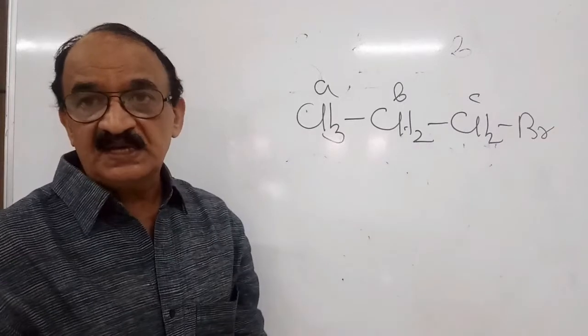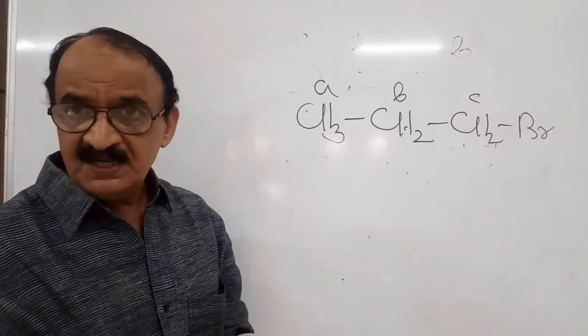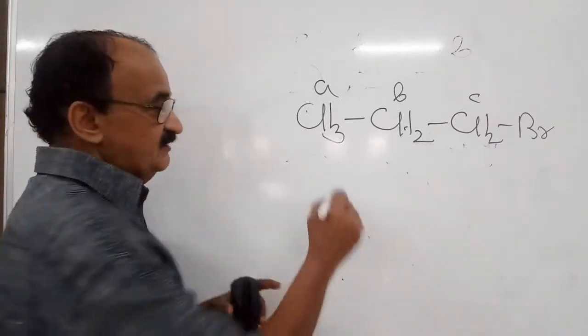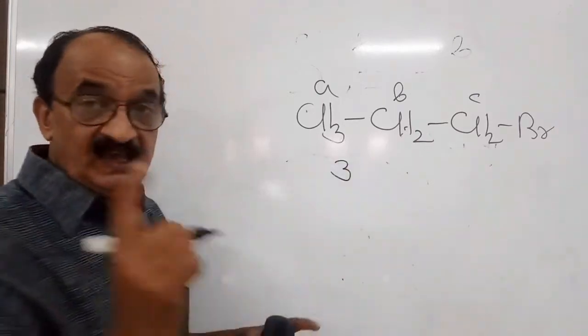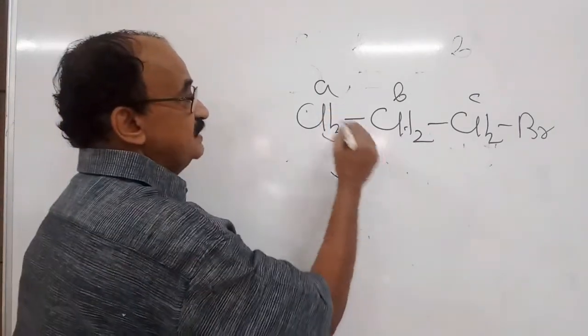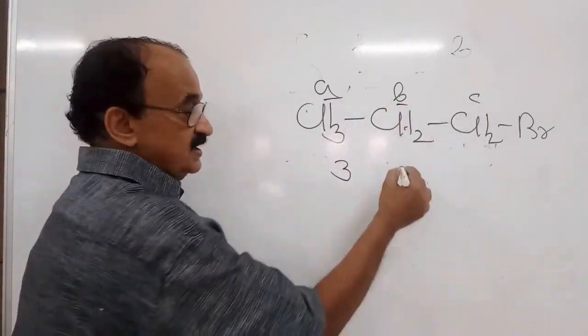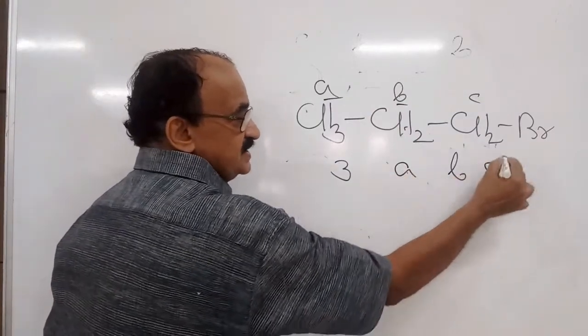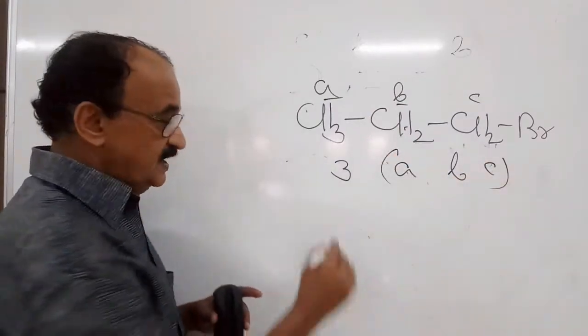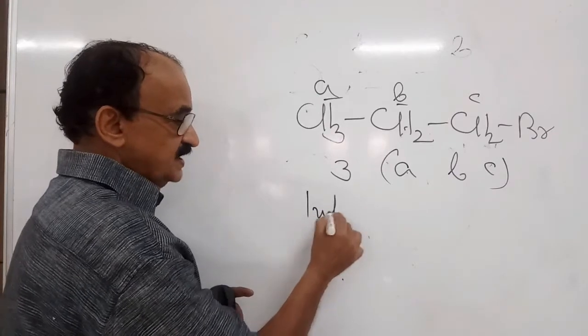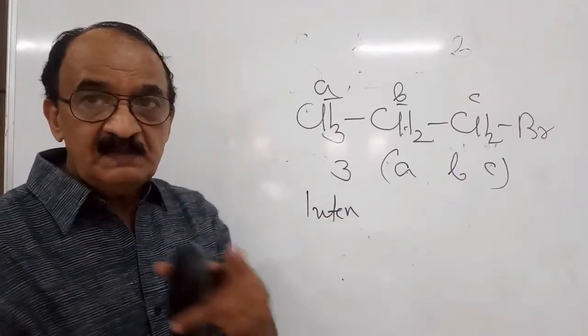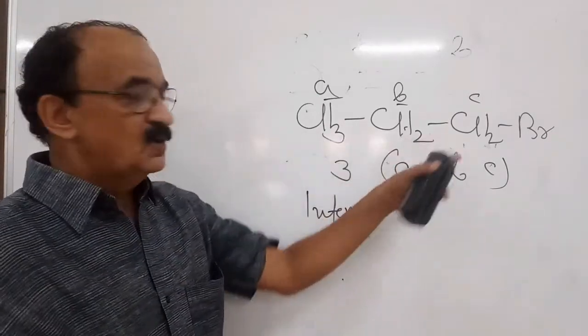Both the 3 protons are under different chemical environment. How many sets of protons are here? 3. Right? So how many signals can we expect? We can expect 3 signals. Why can we expect 3 signals? Because there are 3 sets of protons, that is A set, B set and C set. Right? What is the intensity of the signal? Second is intensity. Intensity depends on what? Number of contributing protons.